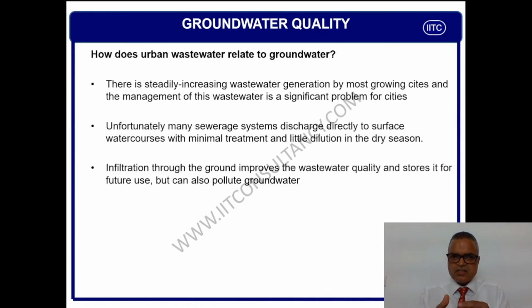When this water is thrown onto the surface, most of it evaporates, and a few will go into the aquifer and will pollute the aquifer. Infiltration through the ground improves the wastewater quality and stores it for future use, but can also pollute the groundwater. So these are the typical inherent problems of groundwater in urban areas.